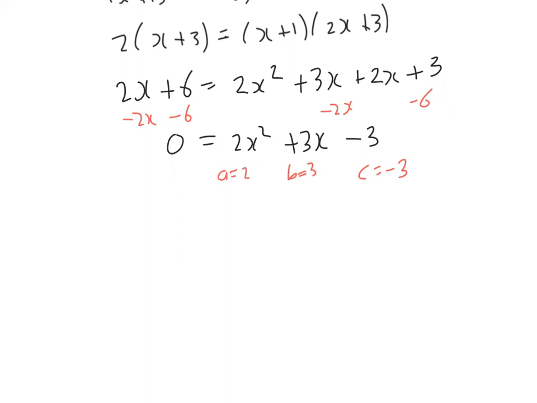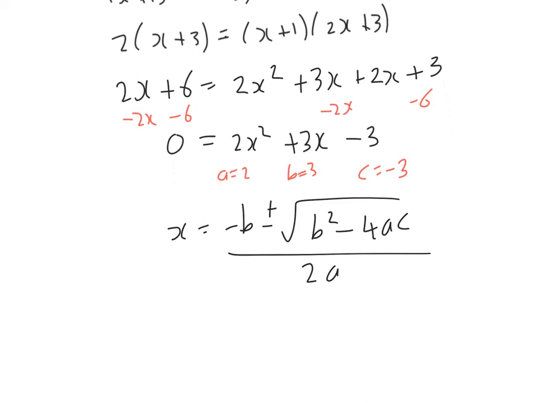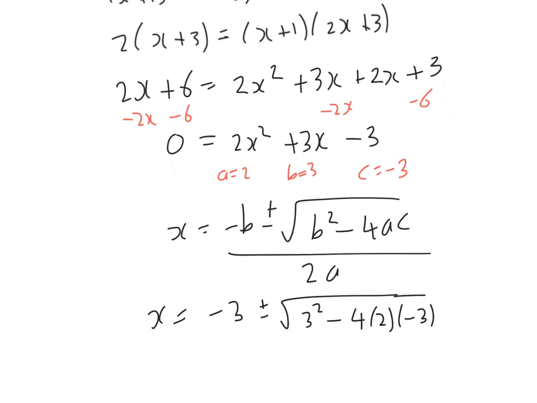The quadratic formula, just for your information, is minus b plus or minus the square root of b squared minus 4ac, all over 2a. So that would be minus 3 plus or minus the square root of 3 squared minus 4 times a, which is 2, times c, which is negative 3, and that's all over 2a, so 2 times 2.